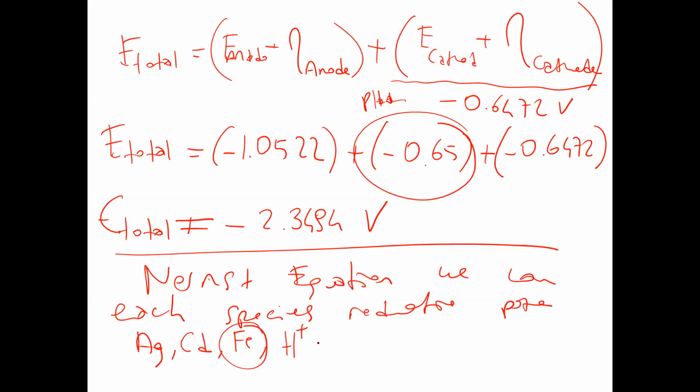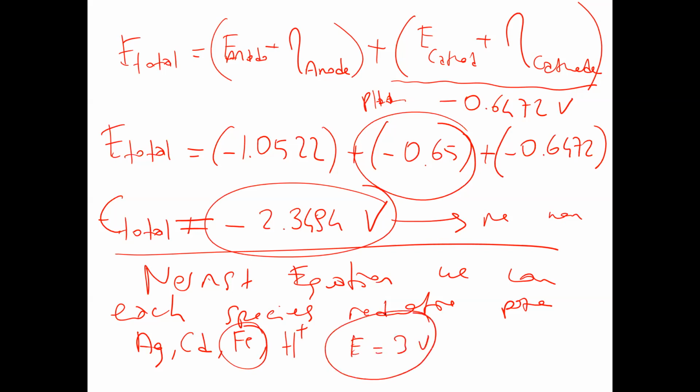In order for us to run this reaction, we need to supply more energy than this value, because this is a negative value, we conclude that this is a non-spontaneous reaction. And when we supply, for example, 3 volt, we can also reduce hydrogen from this aqueous solution.